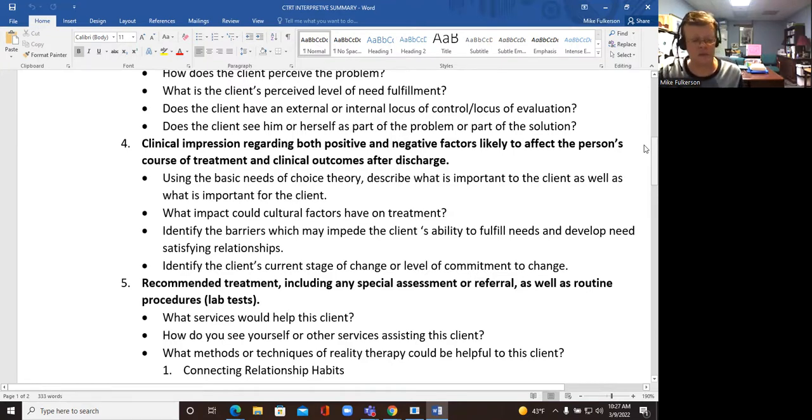And then the fifth stage is maintenance, where they're now creating more organized behaviors. But that's important to have in the case conceptualization, what stage of change does the client appear to be in, because that's going to determine a lot of treatment effectiveness.